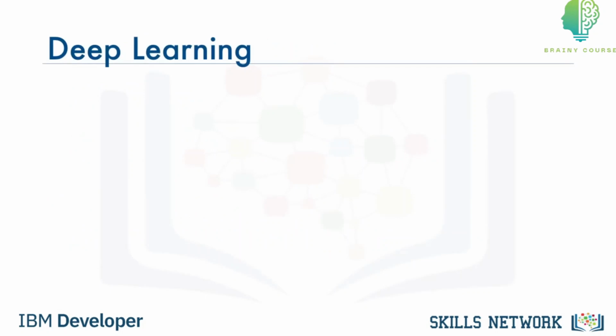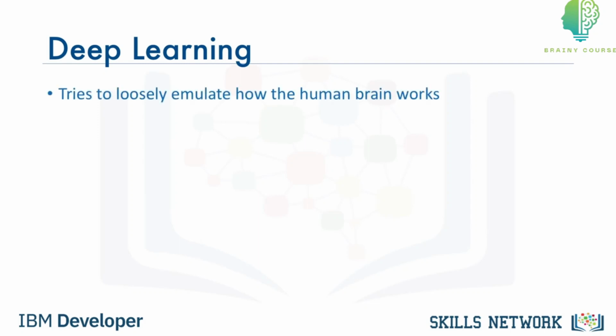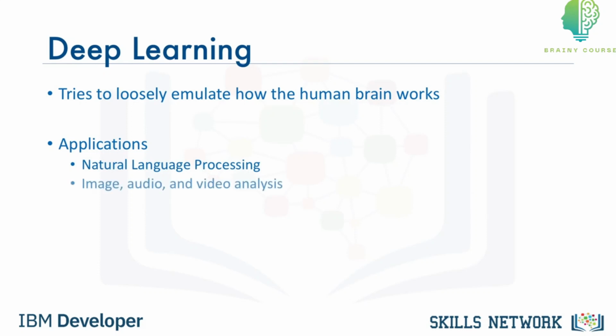Deep learning is a specialized type of machine learning. It refers to a general set of models and techniques that tries to loosely emulate the way the human brain solves a wide range of problems. It is commonly used to analyze natural language, both spoken and text, as well as images, audio, and video, to forecast time series data, and much more.